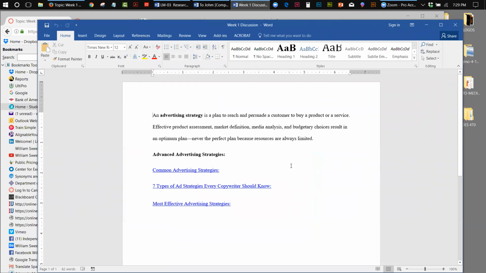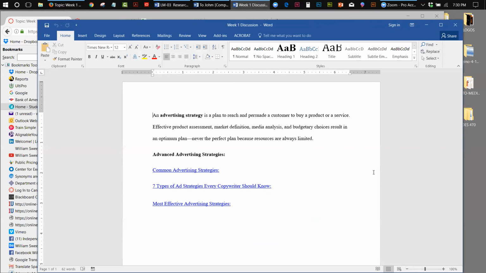This is what I'm supplying you with. An advertising strategy is a plan to reach and persuade a customer to buy a product or a service. Effective product assessment, market definition, media analysis, and budgetary choices result in an optimum plan. Never the perfect plan, because resources are always limited.